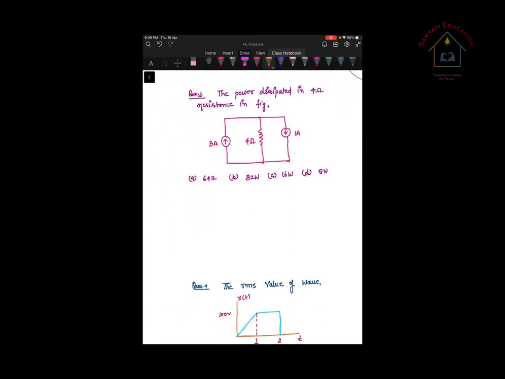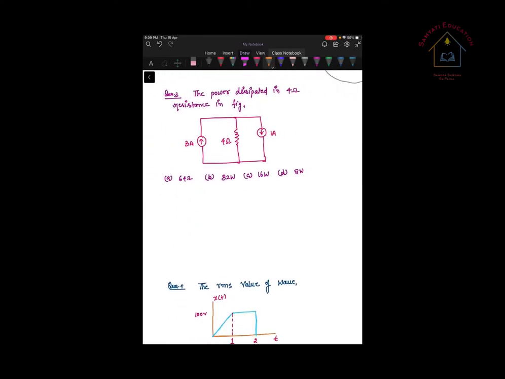Okay, now the third question is, the power dissipated in the 4 ohm resistance in the figure. So this is the figure. Here we can see 3 ampere current is going by this branch, so it will divide in both branches. So here is 1 ampere.